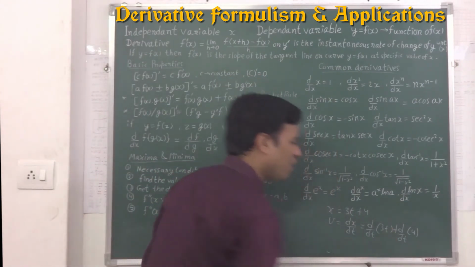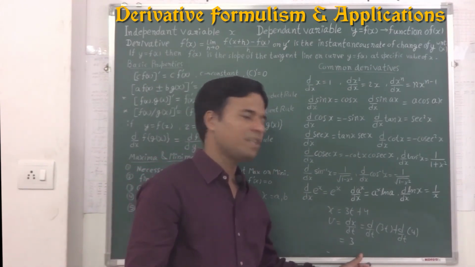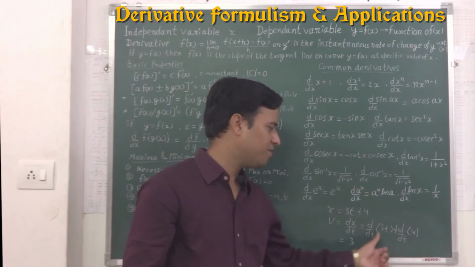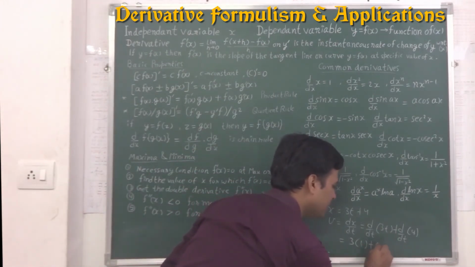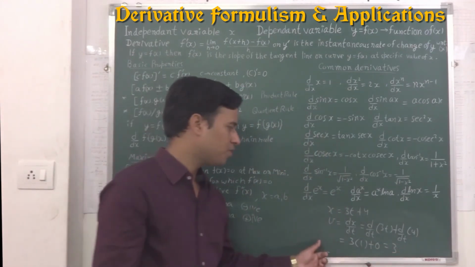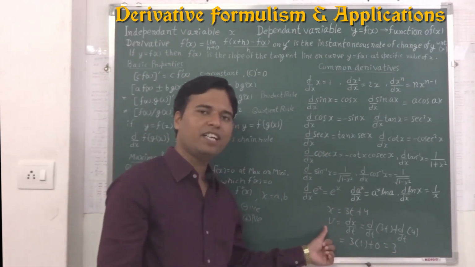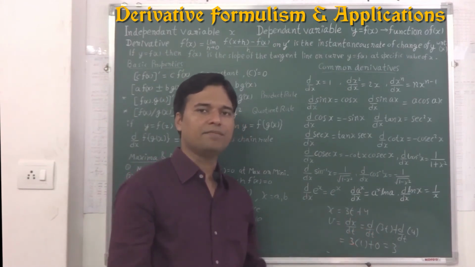The derivative of 3t will be equal to 3, multiplied with the derivative of t with respect to t. So 3 multiplied with 1 plus 0 is equal to 3. So the speed of this particle will not change with time.